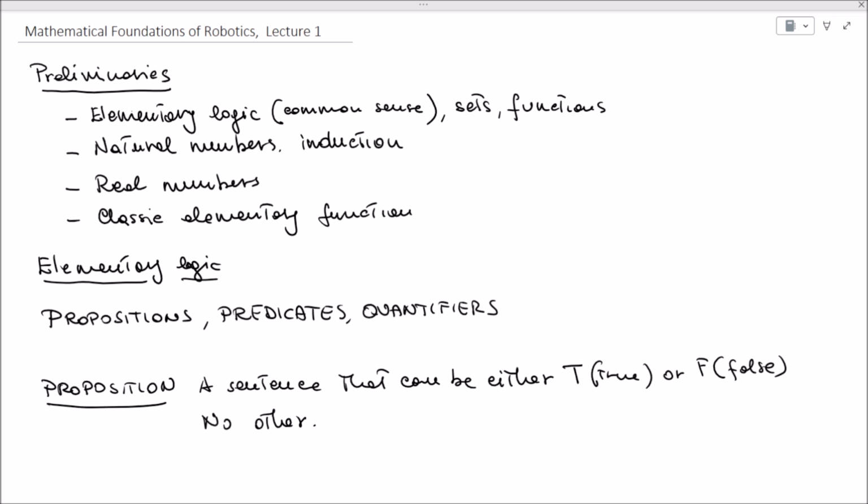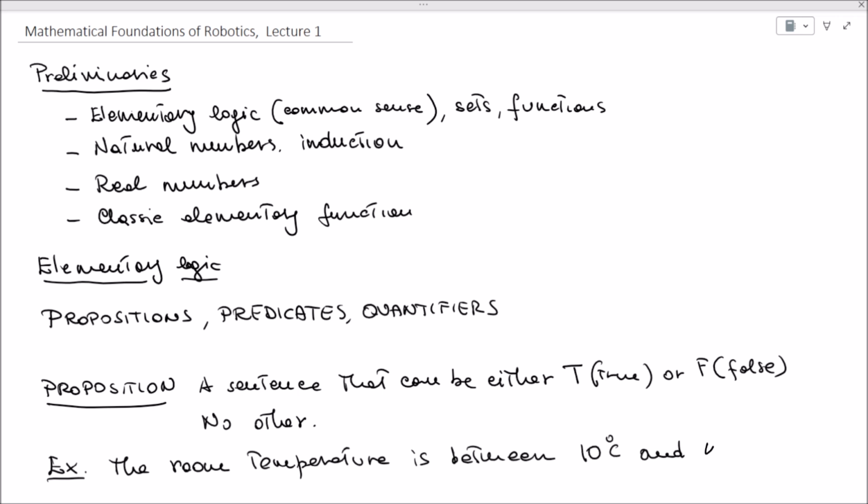So, just to give an example of a proposition, if we say the room temperature is between 10 degrees Celsius and 40 degrees Celsius, well, this seems to be a true statement, right?